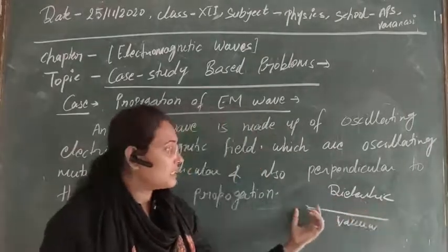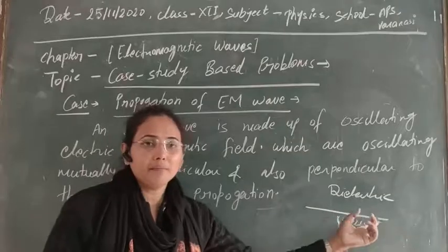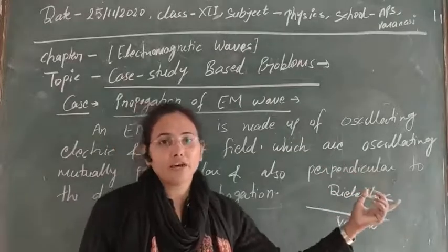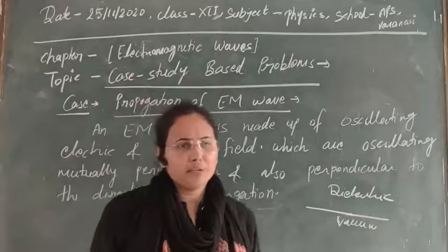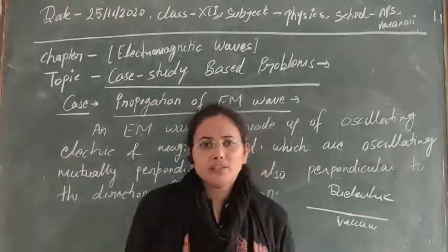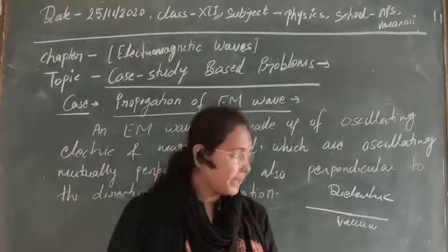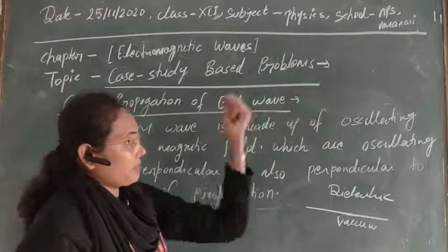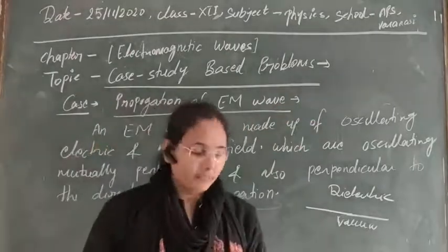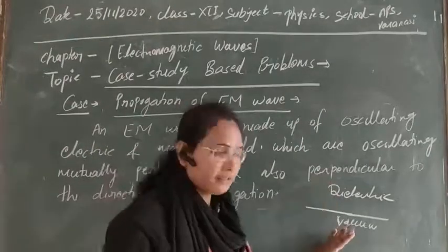This phenomenon is just like what we have studied in refraction of light. As you know, light is also an electromagnetic wave, and all the properties of light will also be applicable to all electromagnetic waves. So the case is, I think, very clear.